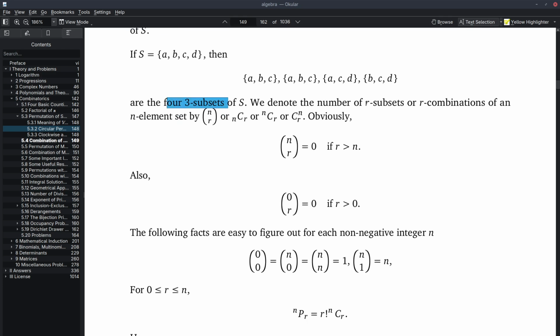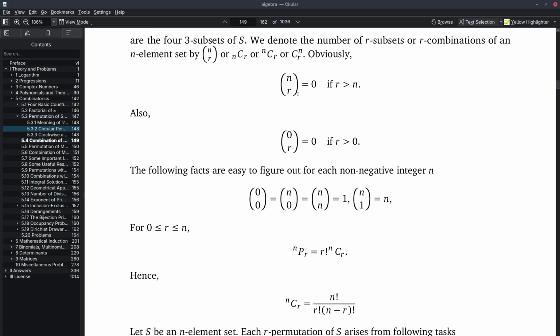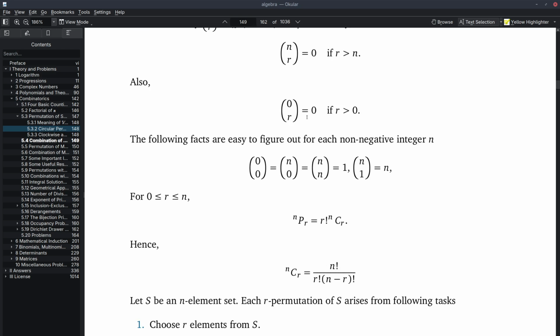We denote the number of r-subsets or r-combinations of an n element set by the choose symbol, or you can alternatively write nCr. Choose means choosing r out of n. Obviously when we choose r from n where r is greater than n, then it will be 0.